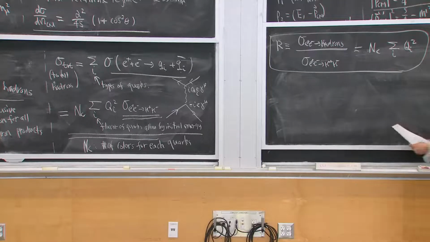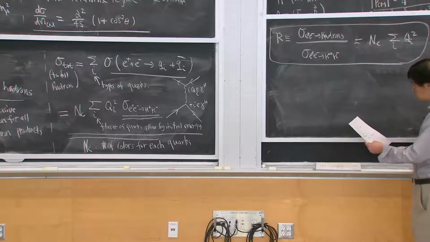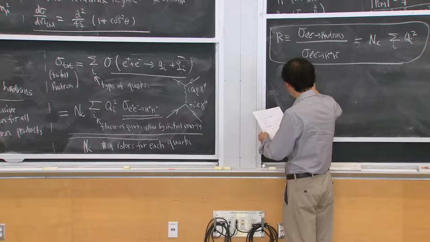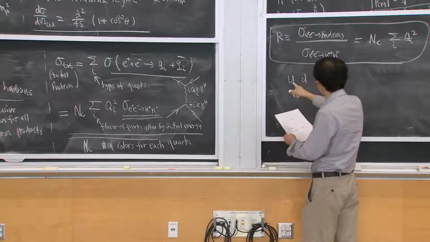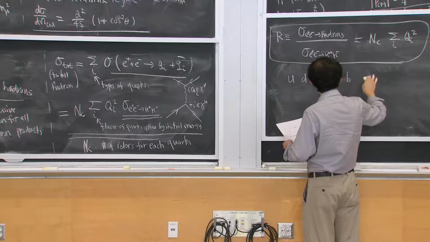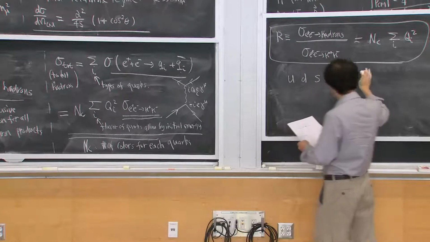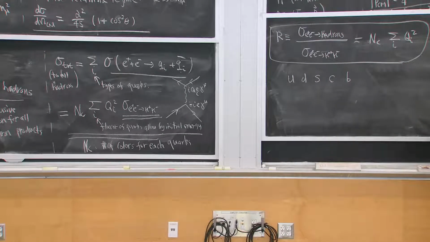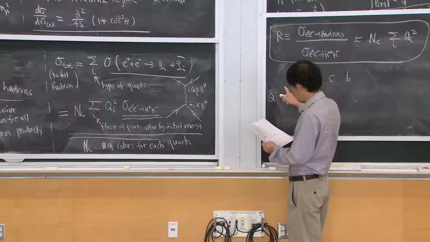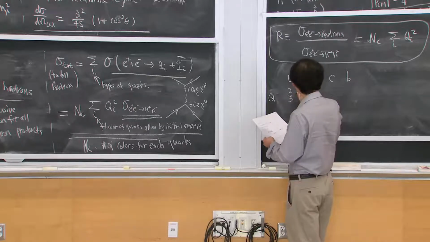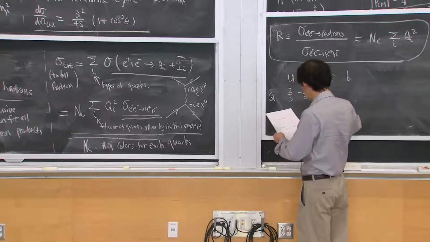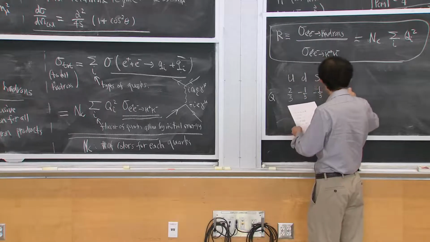So now let's list the quarks we know. We have the u quark, d quark, strange quark, charm quark, bottom quark, and then there's a top quark. The top quark is very heavy, so let's not worry about that. The charges are 2/3, minus 1/3, minus 1/3, 2/3, and minus 1/3.